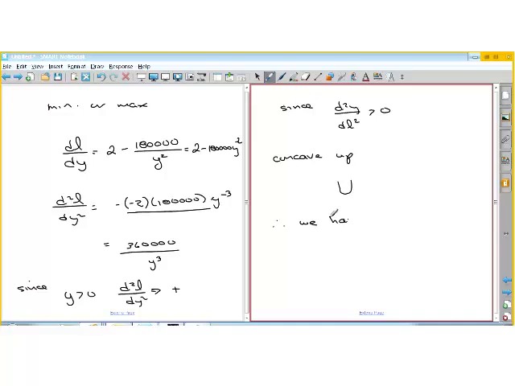Therefore, we have a minimum length at x equals 600 meters and y equals 300 meters.